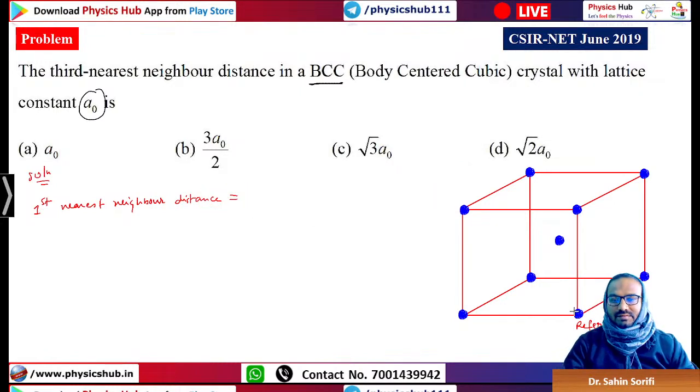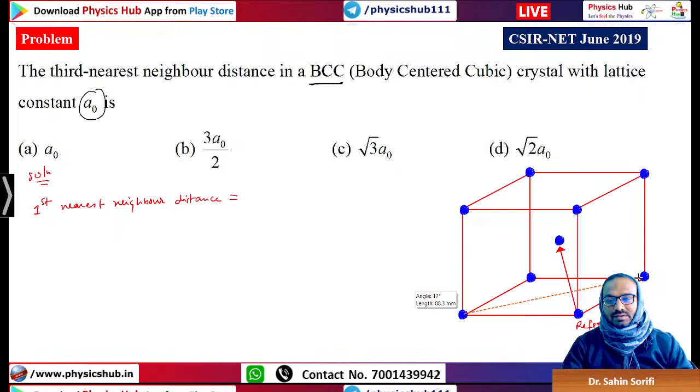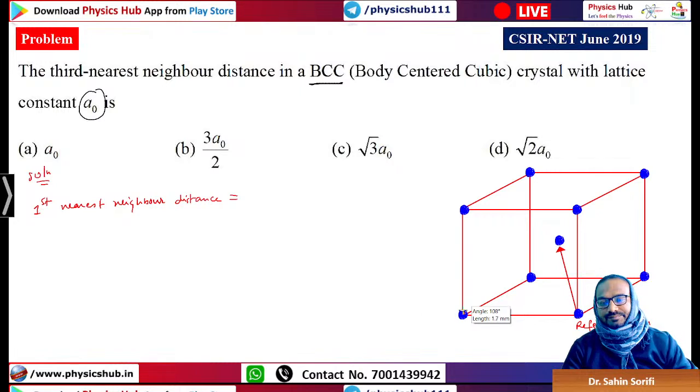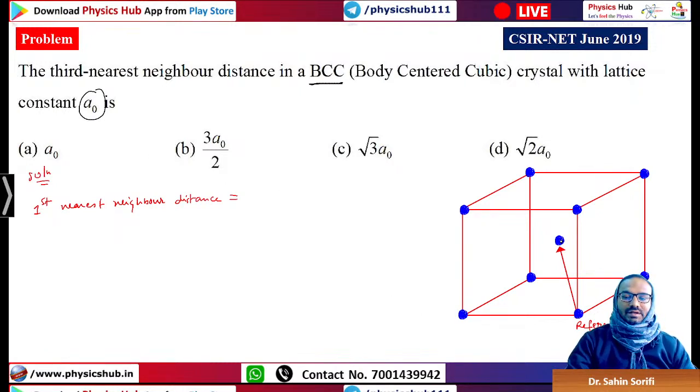If you consider this atom, the first nearest neighbor distance is this. Now to reach that point, you need to consider the body diagonal actually. You can also imagine it this way, that this distance is the same as this.